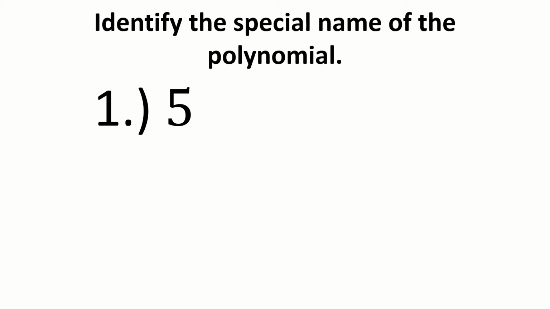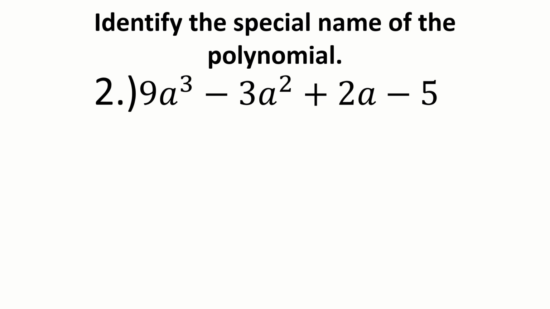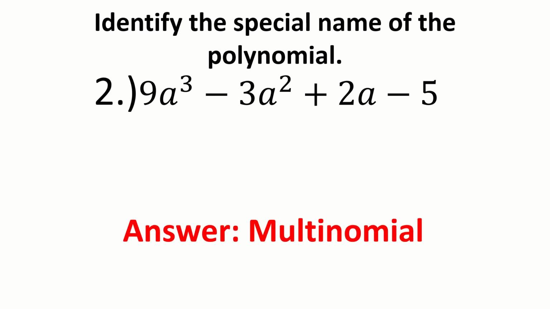So let's try to identify the special name of the polynomial. So if it's just a 5, that's monomial. Okay, so it's just a constant term. So that's a monomial. How about number 2? 9a cubed minus 3a squared plus 2a minus 5. Here, our answer is multinomial because there are four terms.